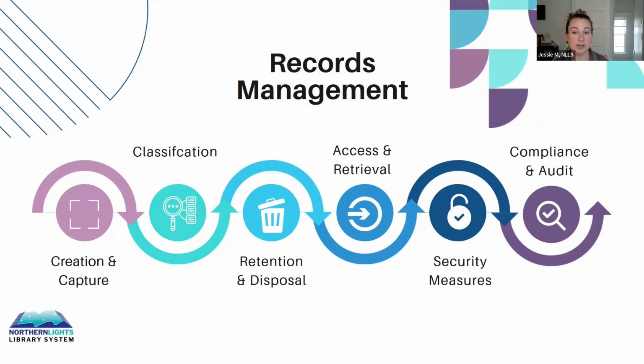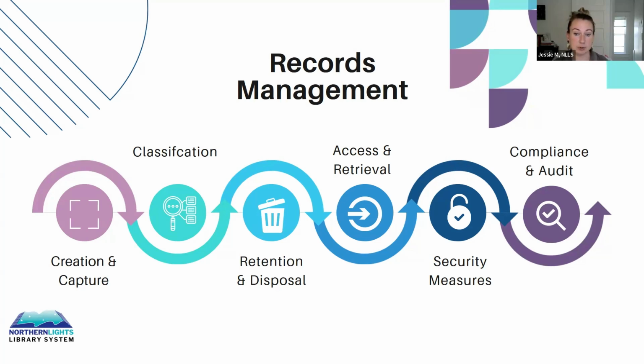The records would be categorized by subject, for example, policies and procedures, and type, so draft or final version. Then there's retention and disposal. The retention schedule specifies that draft documents are kept for 1 year after the policy is finalized, while final versions are kept permanently. This is all just examples.